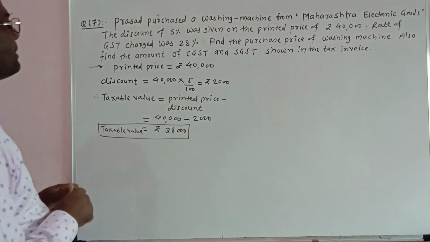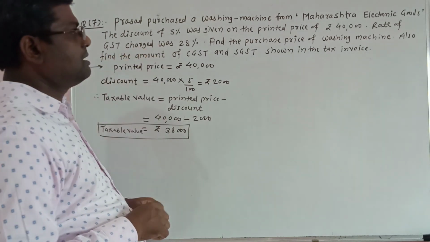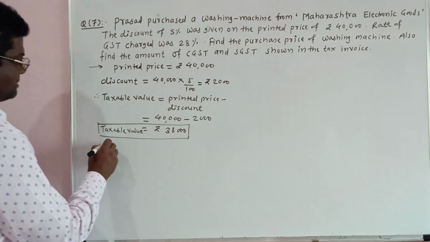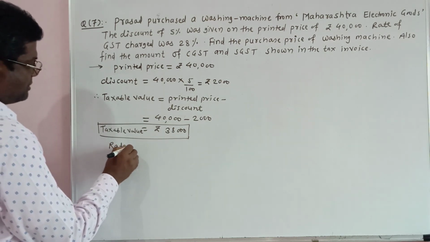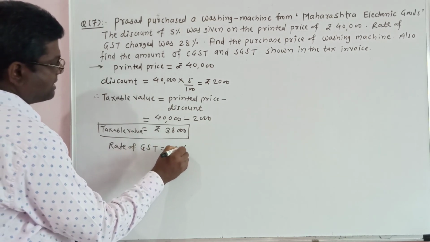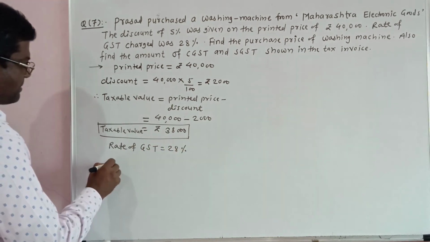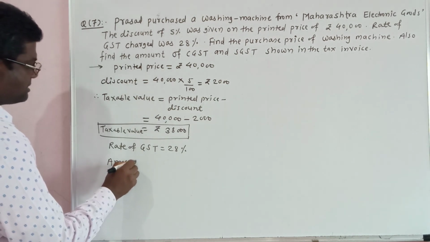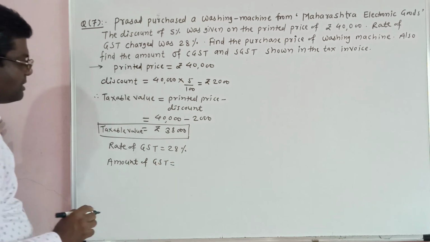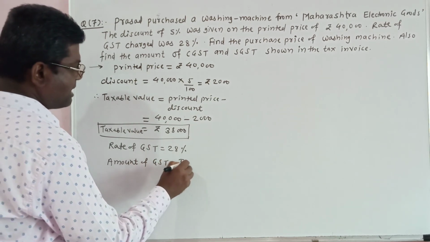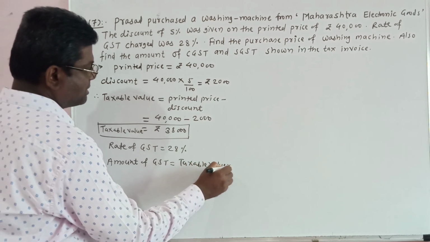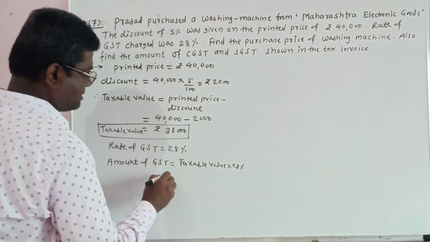Now we have been given the rate of GST as 28%. From this, find out the amount of GST. Amount of GST is equal to taxable value into 28%.